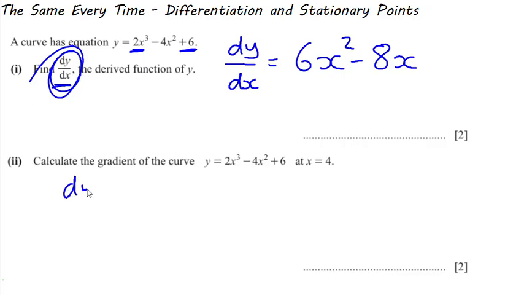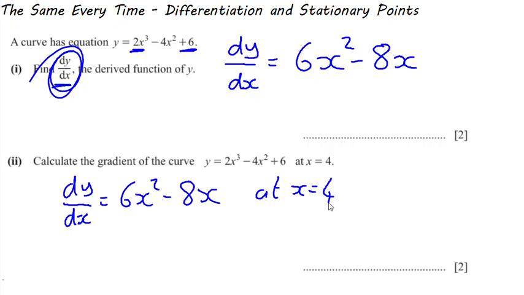So I've got dy by dx from the previous question, which is 6x squared minus 8x, and they want the gradient at x equals 4, so all I have to do is put x equals 4 into my dy by dx function. So 6 times, everywhere I see an x I put a 4, minus 8 times 4. And that will tell me the gradient at x equals 4. That's what dy by dx is. It's a function for telling you the gradient.